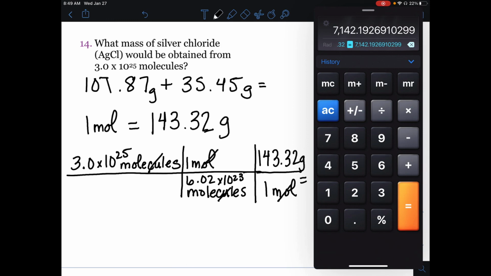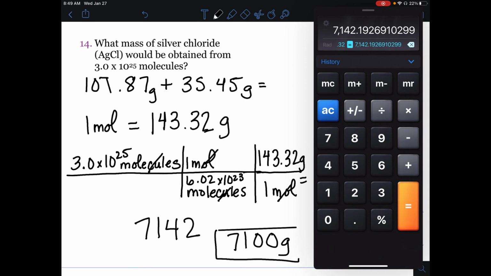So that's all going to come out there. And I'm going to get an answer of 7142, which to sig figs is 7,100, and that's in grams.